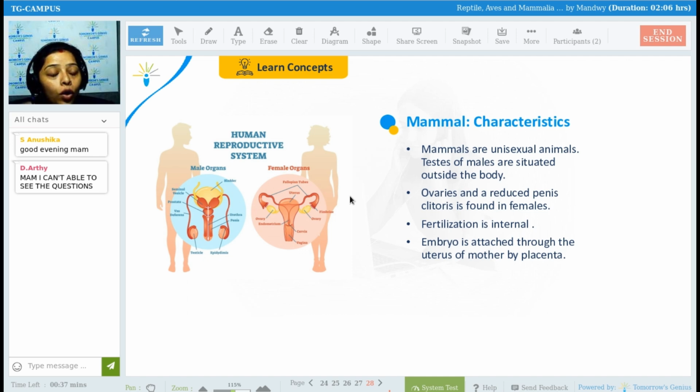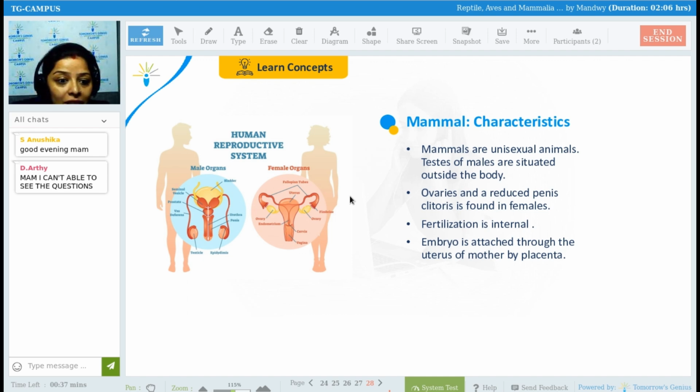In female, the ovary is located inside the body in the lower abdomen region, whereas in male, testes are located outside the body in a pouch, the scrotum, which is not there in any of the other animals apart from the mammals.